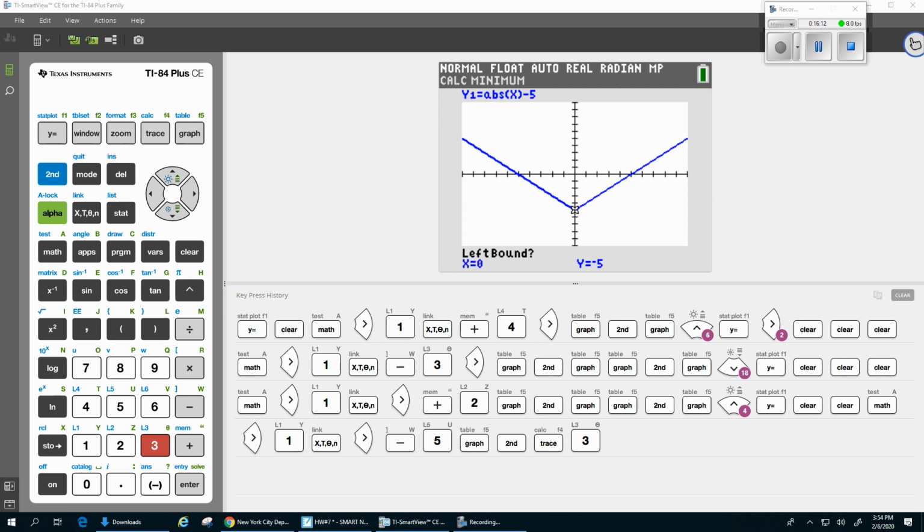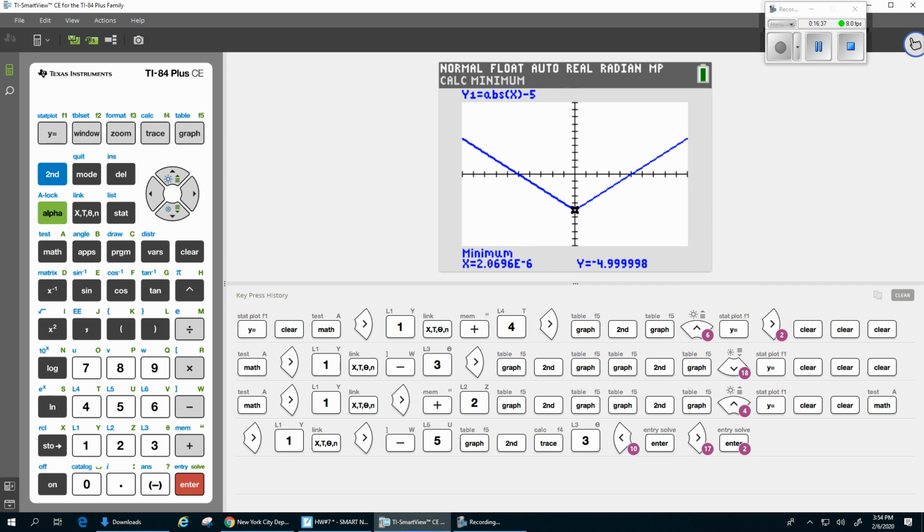It says left bound, question mark. That means that I want this little blinking cursor to be on the left side of my vertex. I'm going to hit enter. Now it says right bound, so I'm going to move my cursor. I'm just tapping my cursor over to the right side, and I'm going to hit enter. And then I'm going to hit enter one more time so my calculator will make a guess.